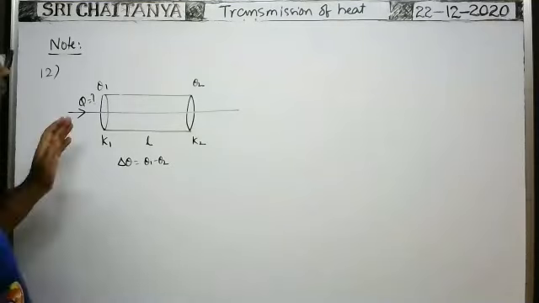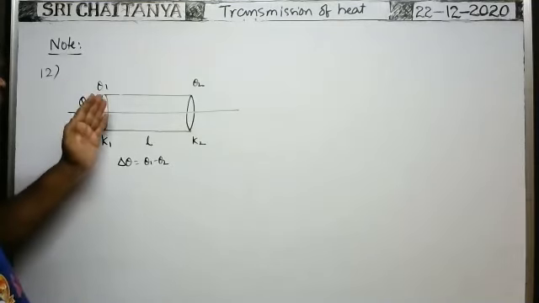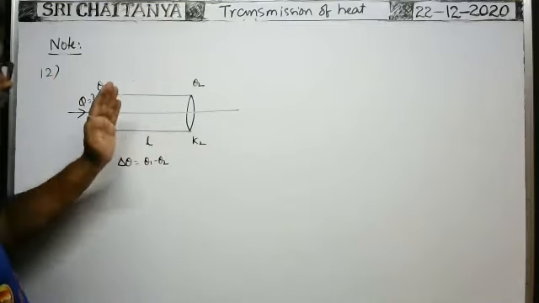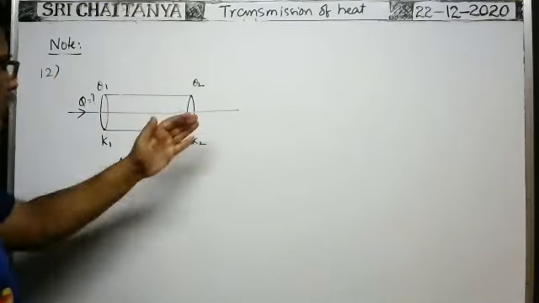Here the rod does not have a uniform coefficient of thermal conductivity. K value changes from K1 to K2 linearly with the distance.